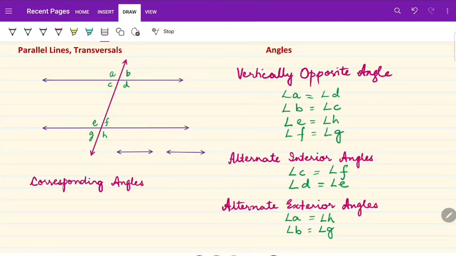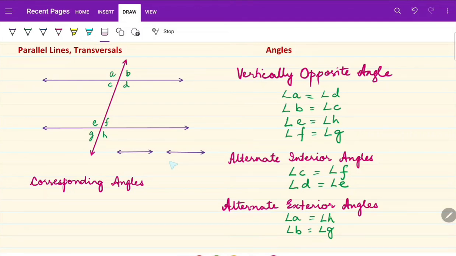We'll now talk about another set of angles called the corresponding angles. Now, corresponding angles are also equal to each other, but we first need to identify among these 8 angles which ones are corresponding angles. To give you a better understanding, I have tried to put these 2 parallel lines side by side.